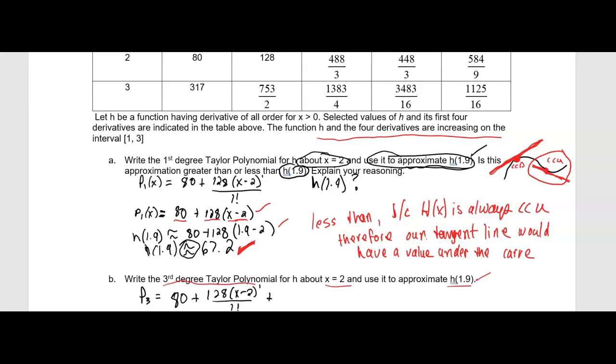The second derivative value is 488 over 3, x minus 2 squared over 2 factorial, so that's our second degree. And then our third degree is 448 over 3, x minus 2 to the power of 3 over 3 factorial.